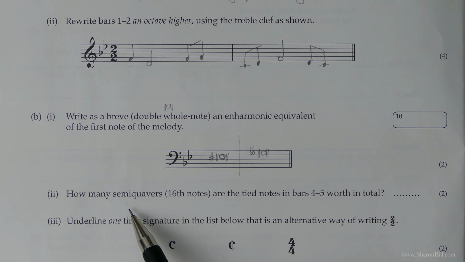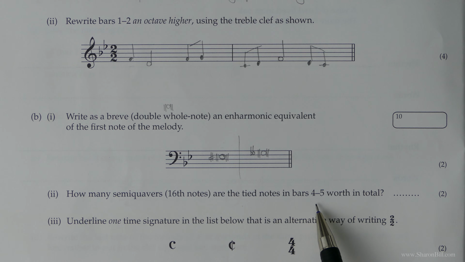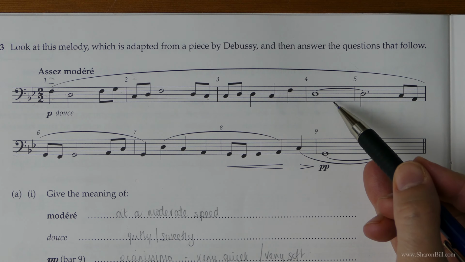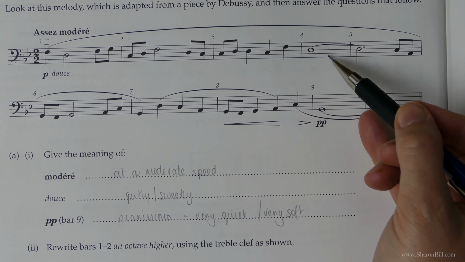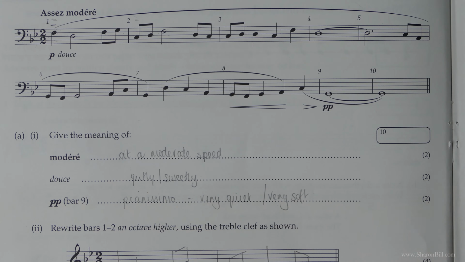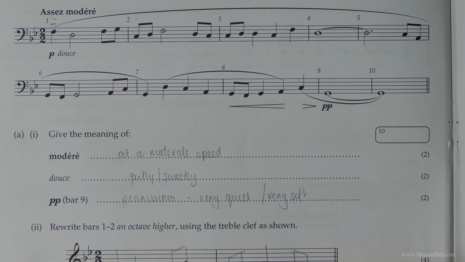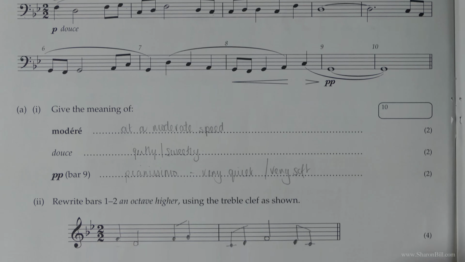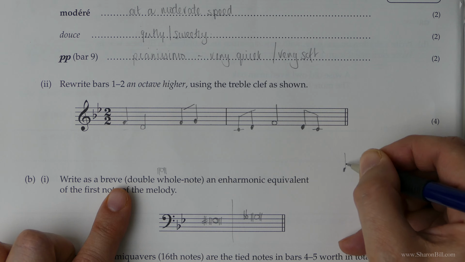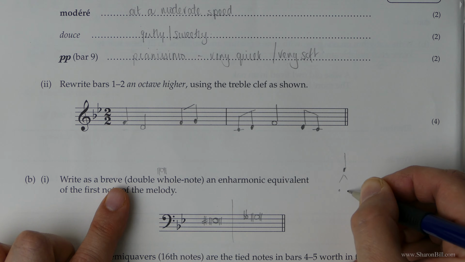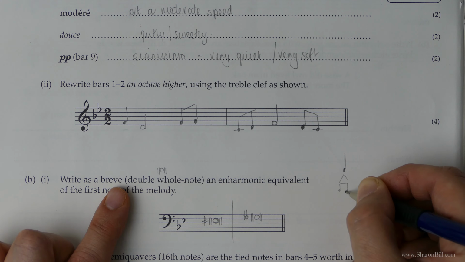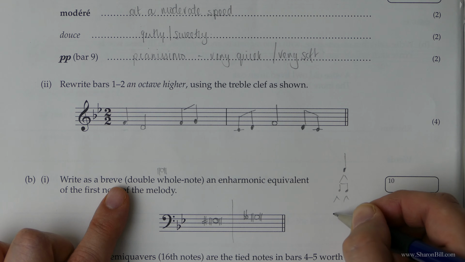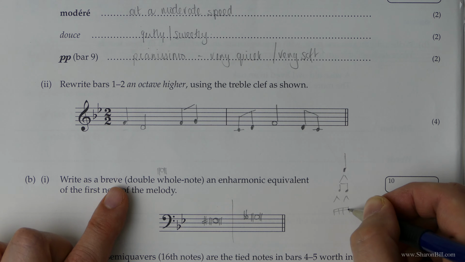Cracking on then. How many semiquavers or 16th notes are the tied notes in bars 4 to 5 worth in total? So we're looking at this here. Let's just figure out how many semiquavers that will be. We know that there are 2 quavers or 2 eighth notes, or 4 semiquavers, 16th notes.